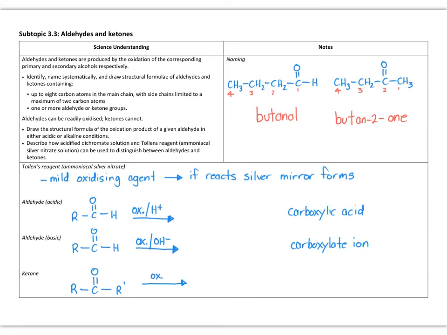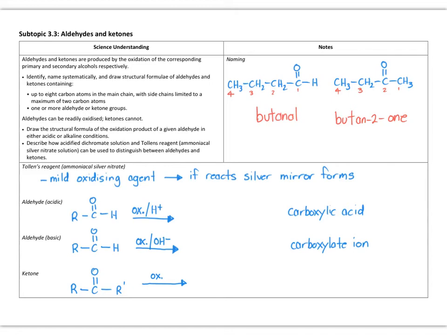Now, with aldehydes and ketones, there's another oxidizing agent we can use, which is Tollens reagent or ammoniacal silver nitrate. It's the one I demonstrated in the lab that made the silver mirror form on the test tube. It's only a mild oxidizing agent, so it will oxidize an aldehyde, but it won't oxidize a carboxylic acid necessarily.